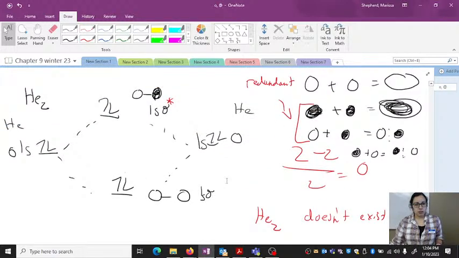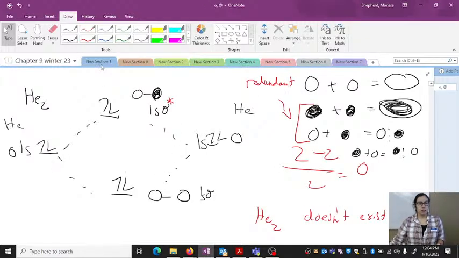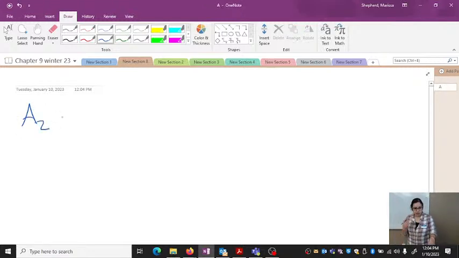All right, so let's see if we can look at the next orbitals. And so now let's actually look at, what do I want to look at? Let's just look at generic A2 for a second, because I don't want to get into the next topic.